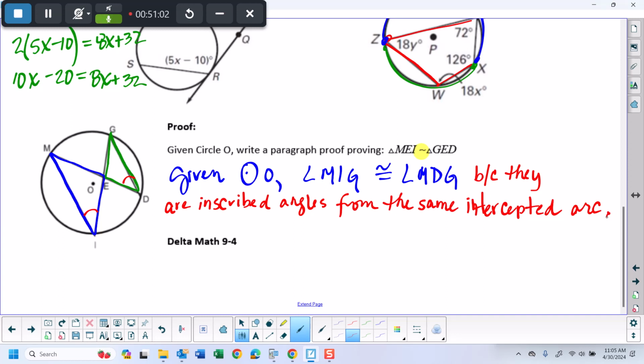So do you see this arc GM? And you can go ahead and say the same intercepted arc MG or GM, it doesn't matter. So because I have those same inscribed angles that are created from the same intercepted arc, I know that they are congruent. What else do I know?